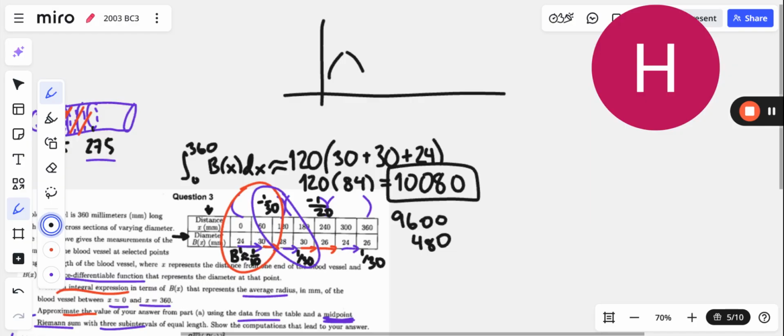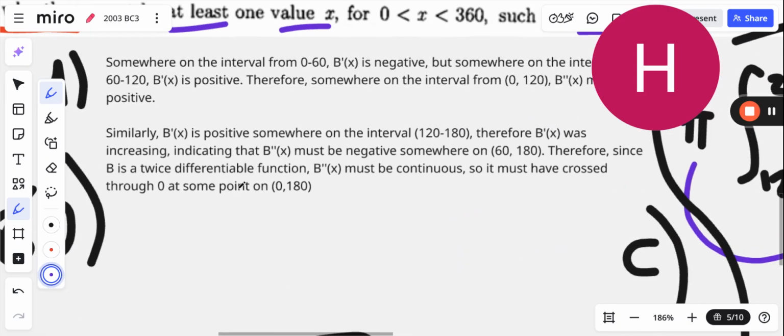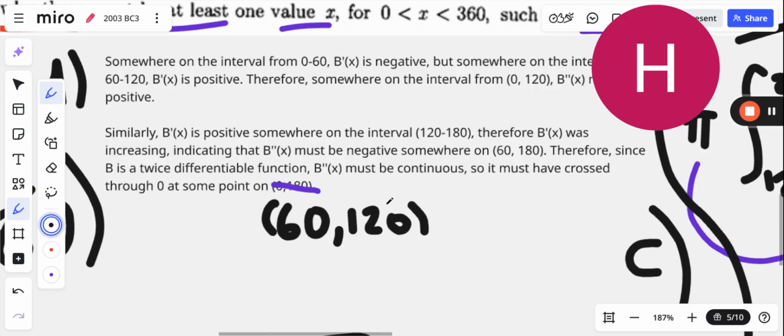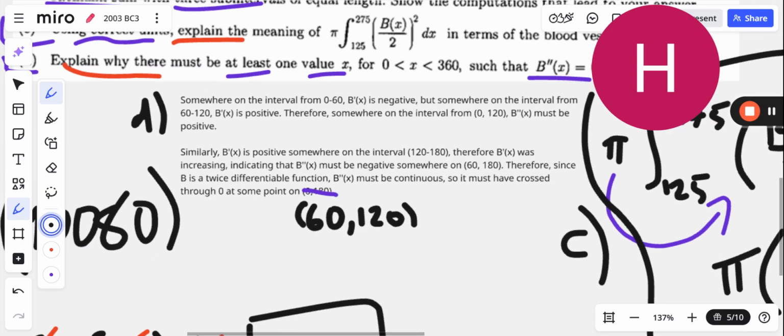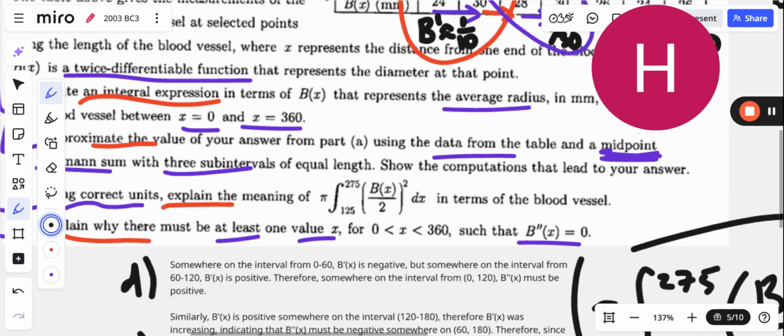That doesn't prove that the concavity had to hit 0 at some point, but then it's going down, and then it's going to start going up. So there had to have been some point. Most likely it's on that interval from 60 to 120. So I probably could have updated my answer to say somewhere between 60 and 120. I would say that somewhere in that interval is when B double prime had to have been 0.